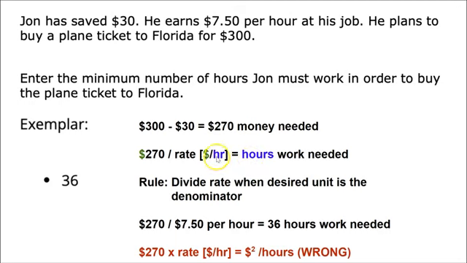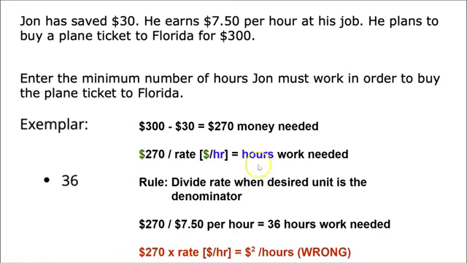And so since we are looking for hours worked, we want to divide by the rate when that desired unit is in the denominator. So you take $270 divided by $7.50 per hour. The dollar amount ends up canceling out, and you're left with hours. And so 270 divided by $7.50 is equal to 36 hours that is needed. Please do not get things confused when you have that denominator and you end up multiplying.